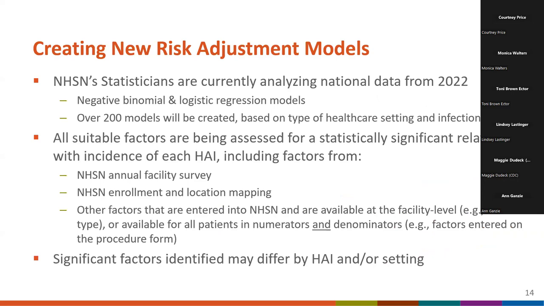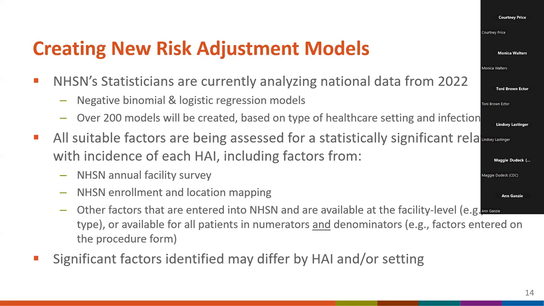Okay, I'm going to give you a very high-level bird's eye view of the process for the NHSN team to create these new risk models. Our statisticians are currently analyzing national data from 2022 and creating new risk adjustment models for each of our HAI types and healthcare settings. There are two types of models that are currently used in NHSN's risk adjustment under the 2015 baseline, and these are the same types of models being created for the 2022 baseline.